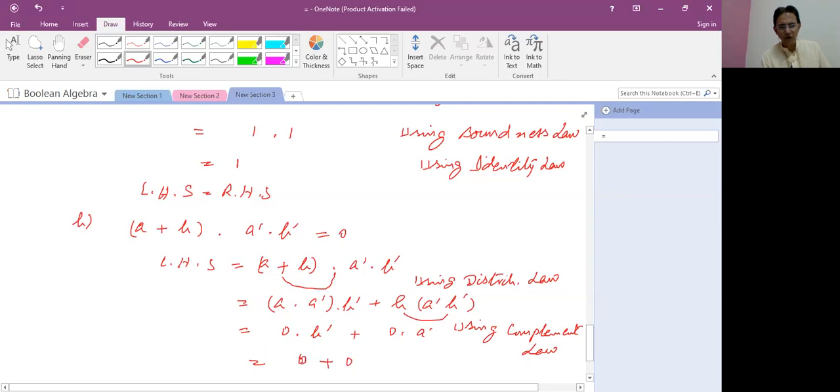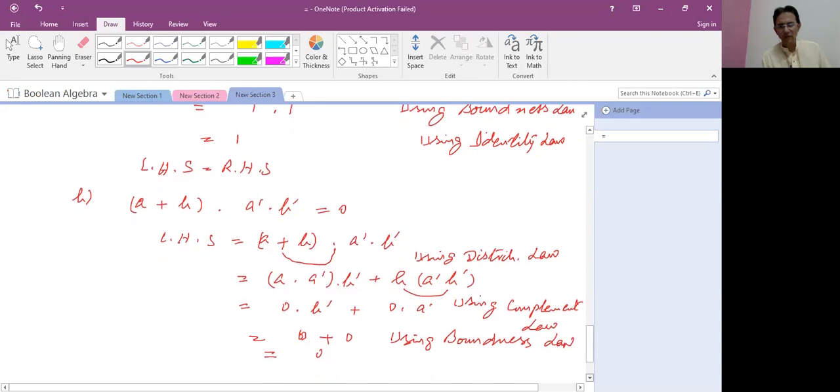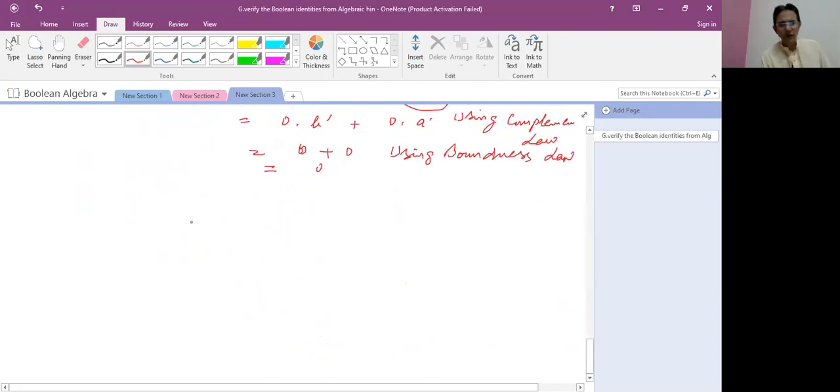So 0 plus 0, it is 0. So using boundedness law with respect to multiplication. So student, therefore, left hand side is equal to right hand side, hence true.